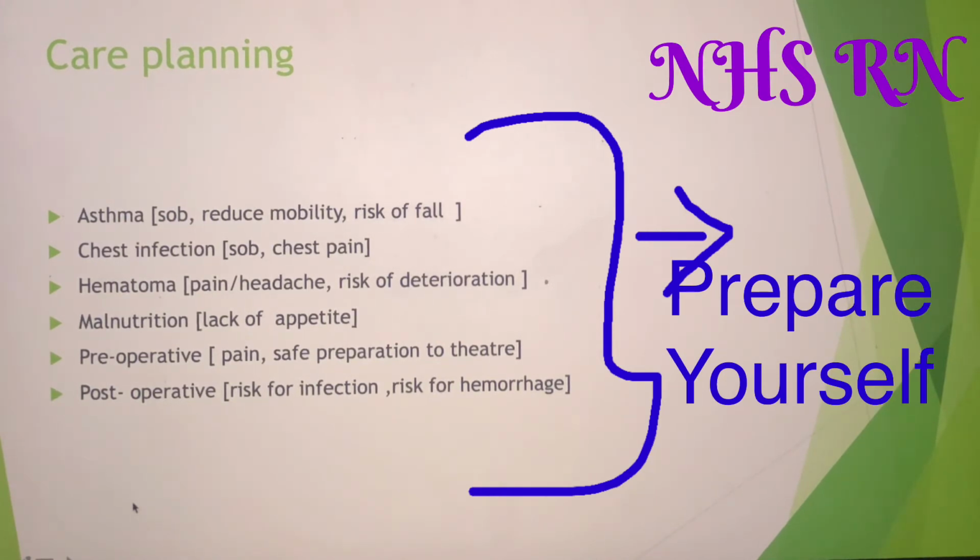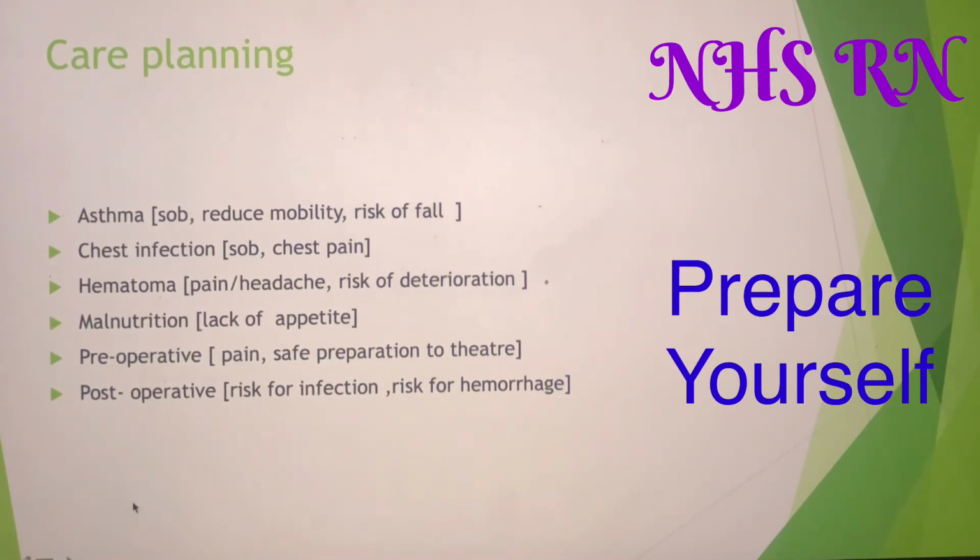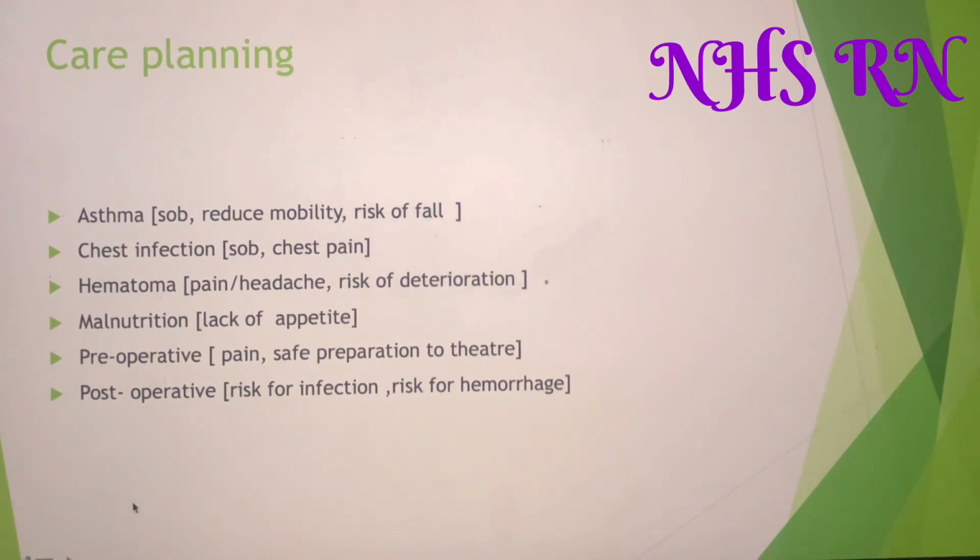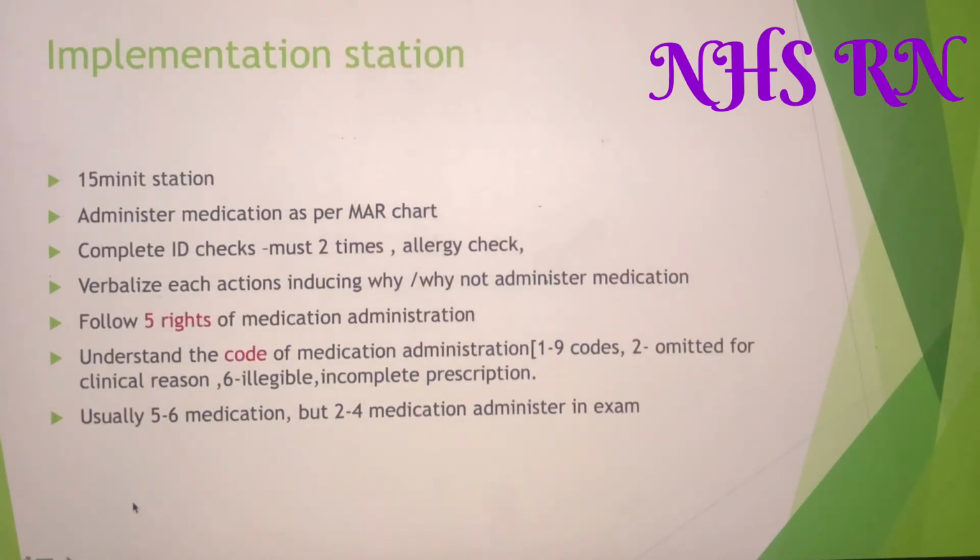Then chest infection, short of breath, chest pain, hematoma, pain, headache, risk of deterioration, malnutrition, lack of appetite, preoperative pain, safe preparation to theater, postoperative risk of infection, risk of hemorrhage. I'm not going to explain this in detail because you know what you're going to do. Okay, in case you have doubt, put it in the comment.